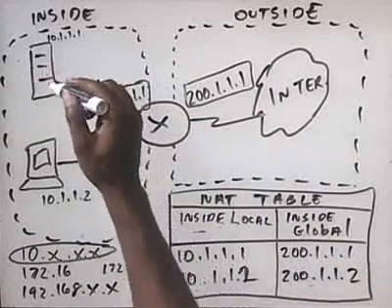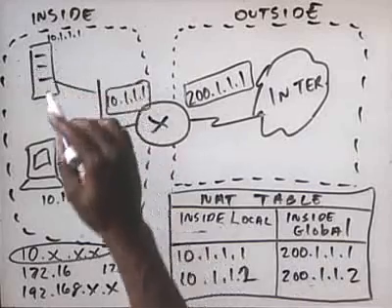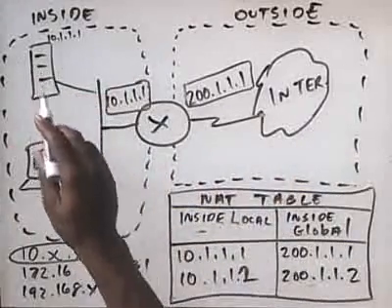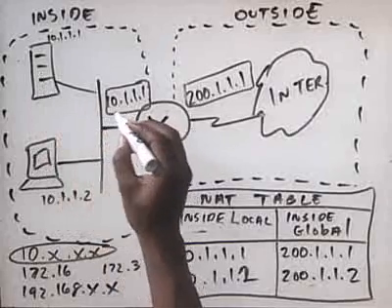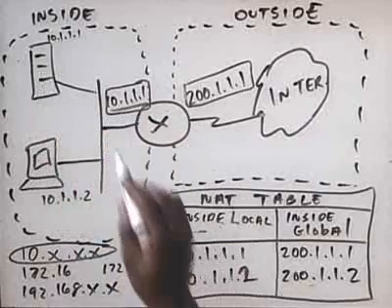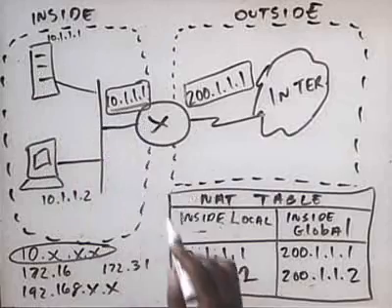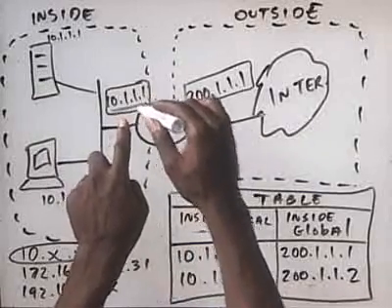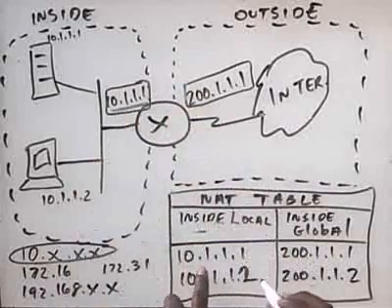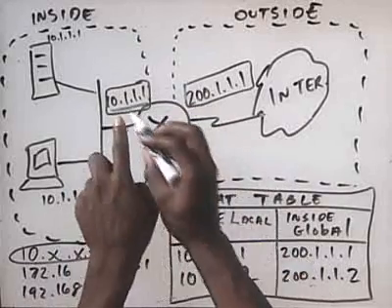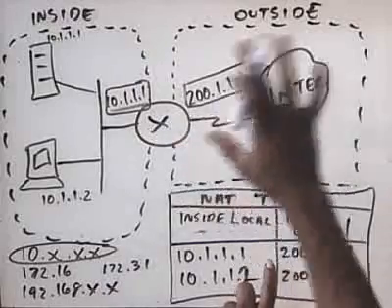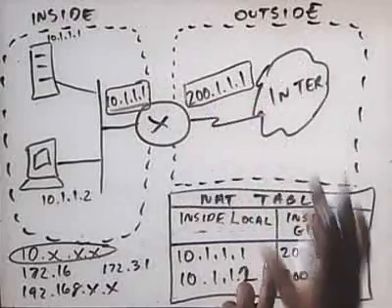So we have a server here that's going to send a packet out to a device on the internet. The source address field will contain the inside local address of 10.1.1.1. When that hits the router, the router compares that address to its NAT table, and it translates that address to 200.1.1.1, the address that can be used out here on the internet.